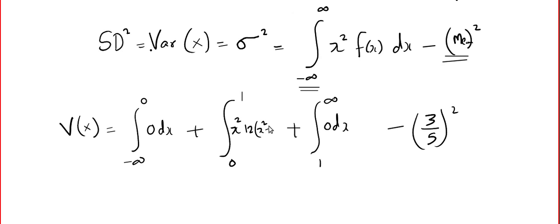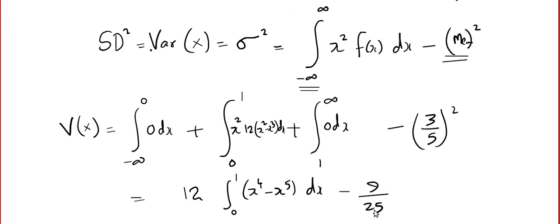x square minus x cube dx, and that is going to give me, this 12 goes outside, the integral from 0 to 1 of x to the power 4 minus x to the power 5 dx, minus 9 by 25.